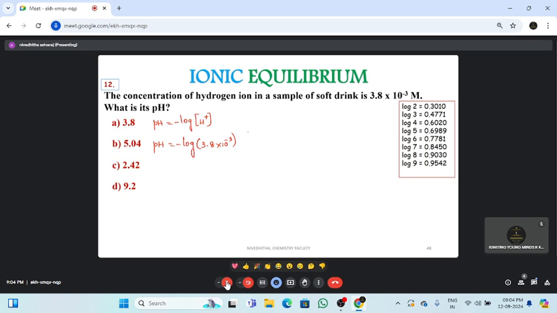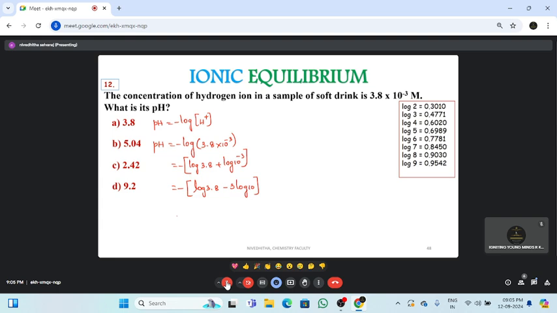See, here it is like log A into B. So log A into B can be written as, I'm going to take this minus as common, log A plus log B. That's it. So minus of log 3.8. This is like log A power B. Log A power B can be written as B log A. So this minus 3 which is present in the power will come in front of log 10.